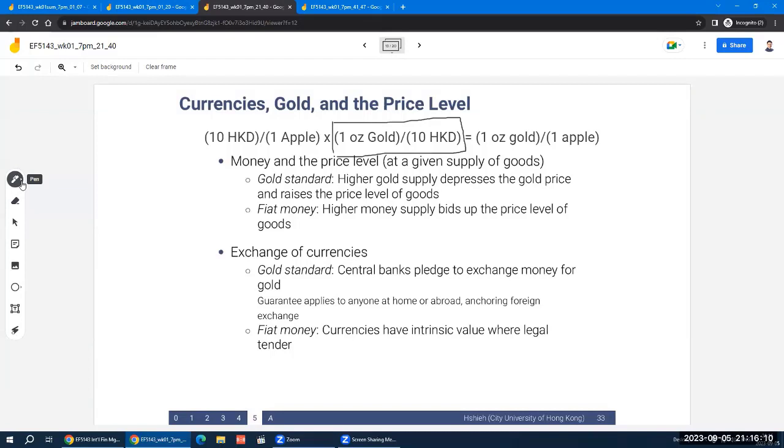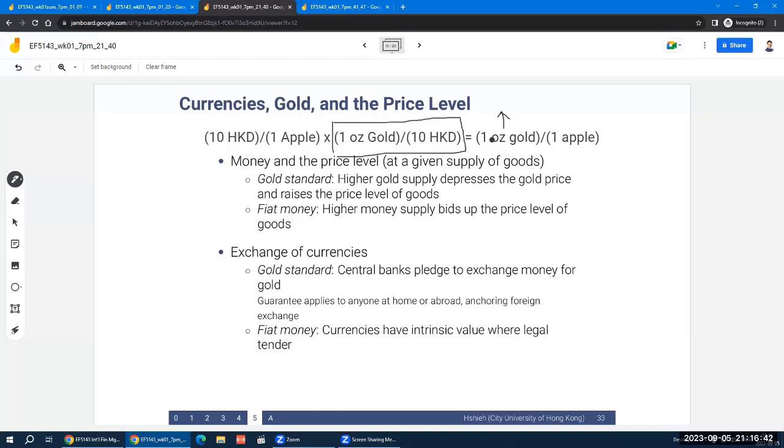If the UK brings money, or gold, to Hong Kong, there's going to be more gold chasing the same quantity of apples once the gold arrives in the harbor, right? So with more gold in Hong Kong, there's going to be inflation in terms of gold. Yes? So the price of apples must increase.